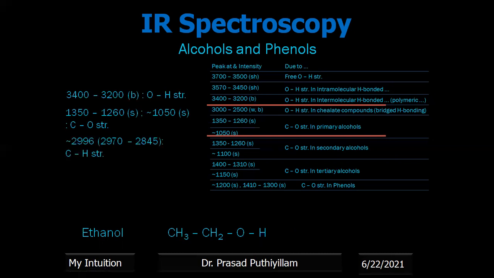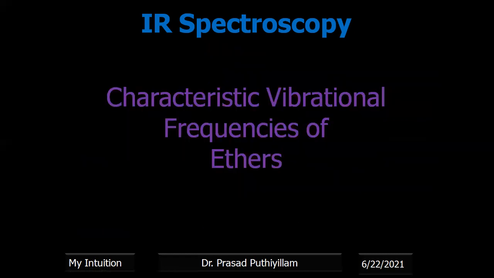And around 2996 approximately, we should get a CH stretching. Usually CH stretching is observed in this range, but a little bit higher values are obtained because of the presence of the OH group. So how the hydroxyl group influences the CH stretching we can also analyze.